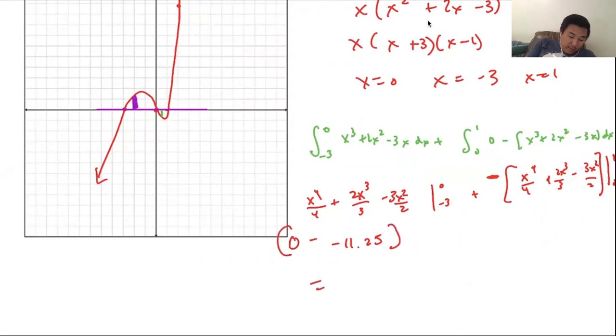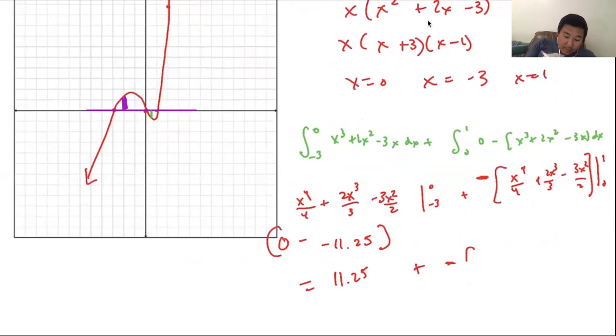So then that equals 11.25, plus negative, plug in 1: 1/4 plus 2/3 minus 3/2.